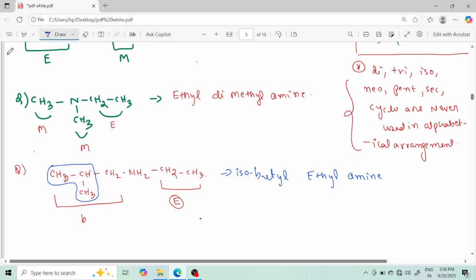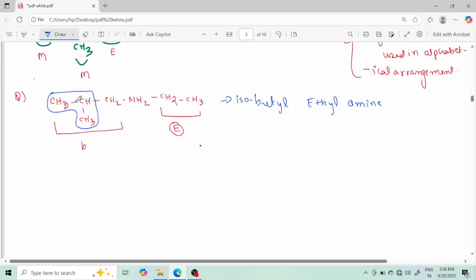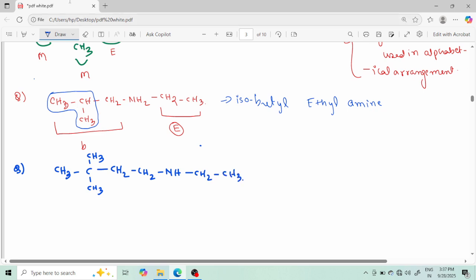Now the next thing, let me give another question with the special structures. Suppose I am giving CH3, C, CH3, then CH3, CH2, CH2 and NH, then CH2 and CH3. You already know this shape. What is this shape called? This one is called neo shape, right? But what is the name of this full alkyl?